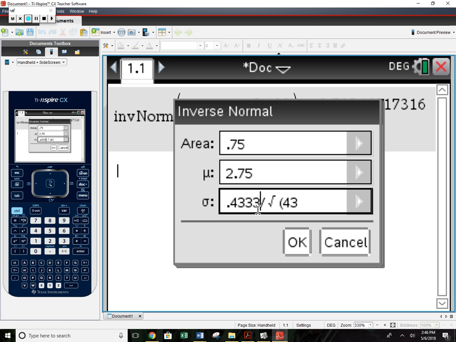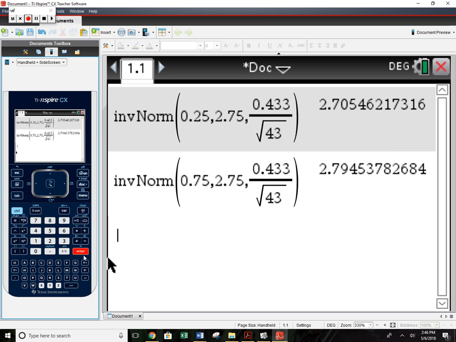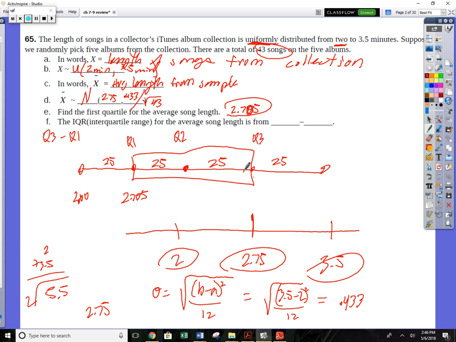Let's see, I think I got too many 3's in there. Okay, let's hit enter and see what that says. Okay, we're probably in good shape. This one's 2.79. So right here is 2.79.